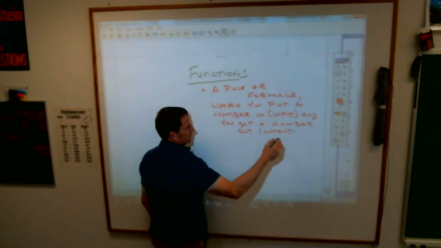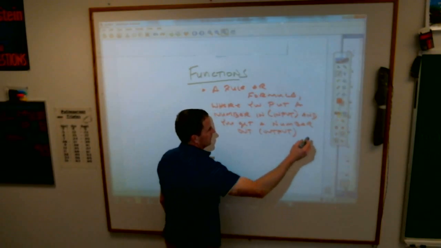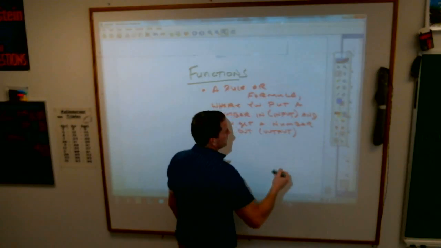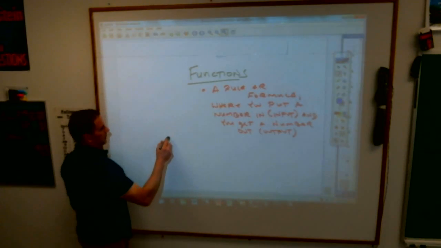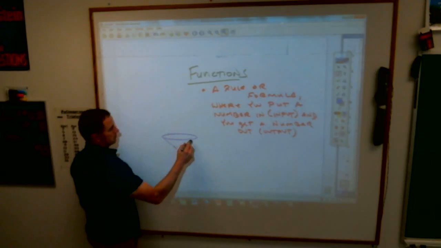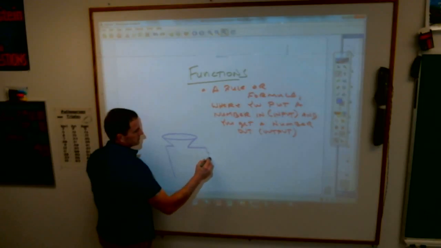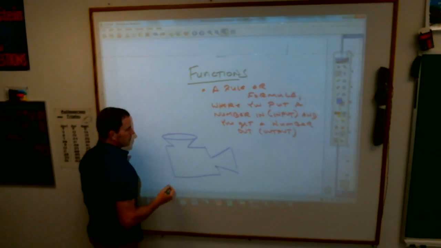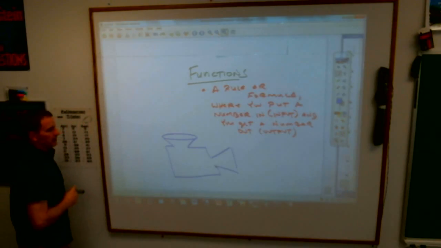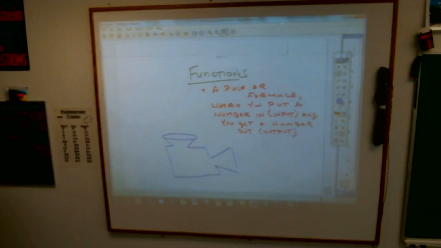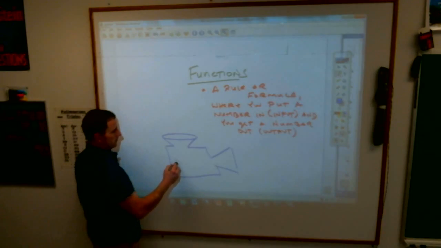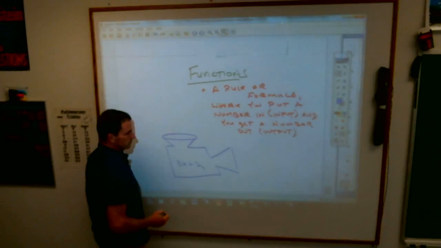The book sometimes likes you to think about it like this. We have what we call a function machine, and inside the machine is something like this. Let's say 3x plus 2.